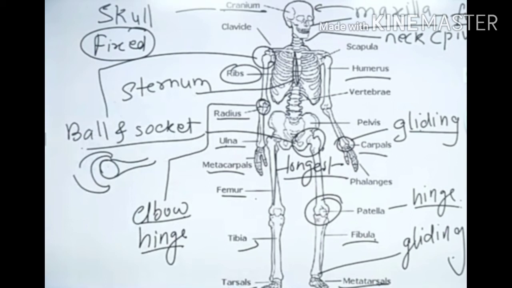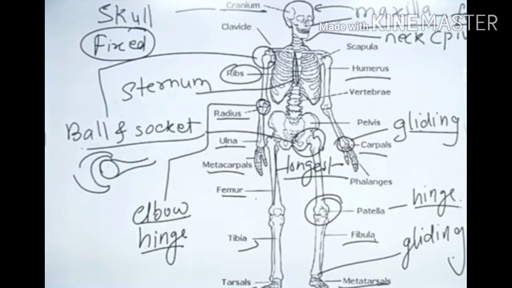Next one, moving to phalanges. Phalanges are the finger bones, means the bones inside our fingers are called phalanges. It's 14 in number. After phalanges, it's the patella. Patella is a hinge joint which works as the hinge of our doors.